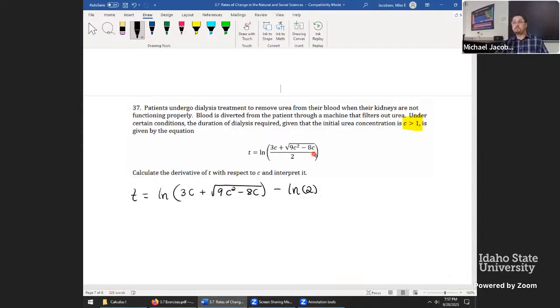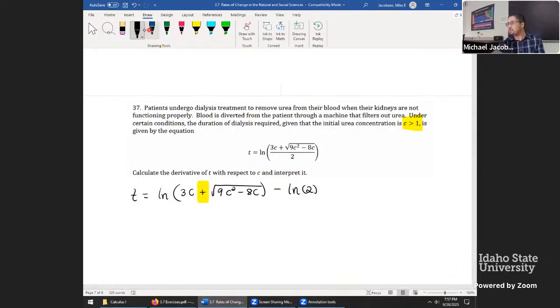It's not a huge time savings, but it does save us a little bit of time on getting through this one. Well, right here, this is what makes a problem hard. If that was a multiplication, you could use even more properties of logarithms. You could make it natural log of 3c plus the natural log of a half, then 9c squared minus 8c, and the whole problem would be really quick. But we can't do anything with the plus here. There is no property of logarithms. We just have to live with what's there.